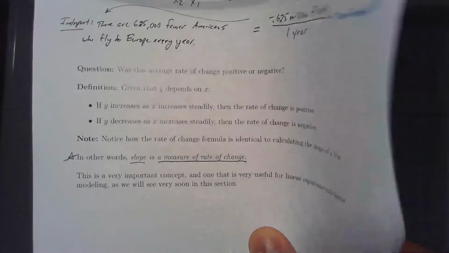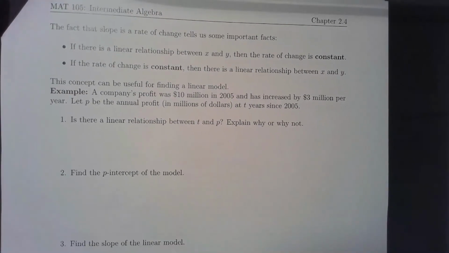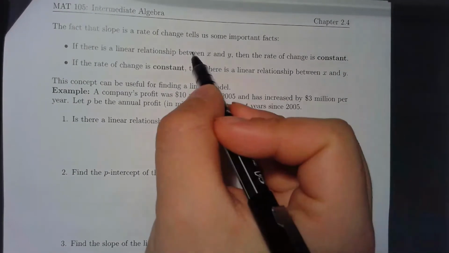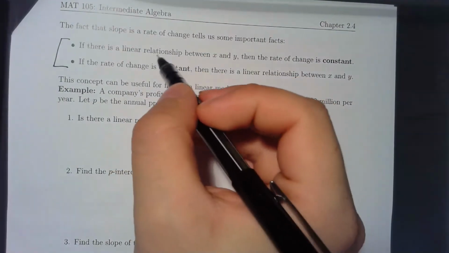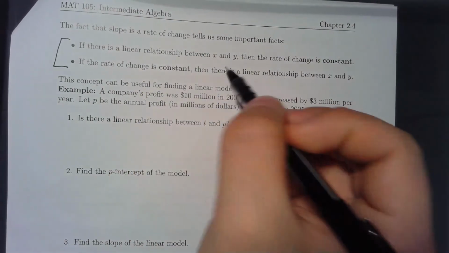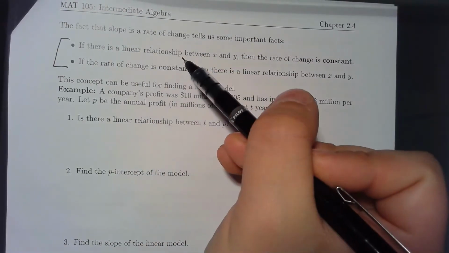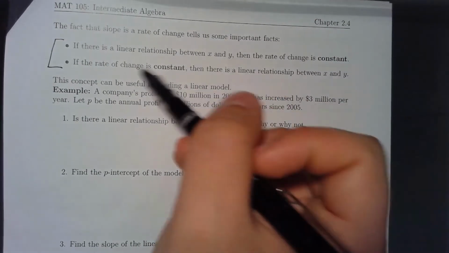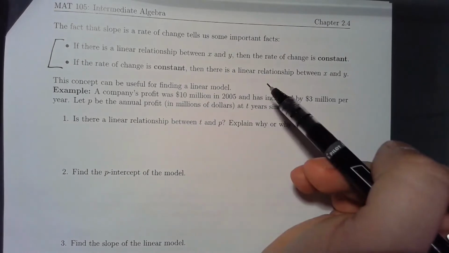All right, so since we can make that assumption that the slope is a rate of change, we can say the following two things are true. Now, this is just the opposite of this statement, like in reverse order. So if there's a linear relationship between two variables, then the rate of change is constant. Or I could say the opposite: if the rate of change is constant, then there's a linear relationship between x and y.